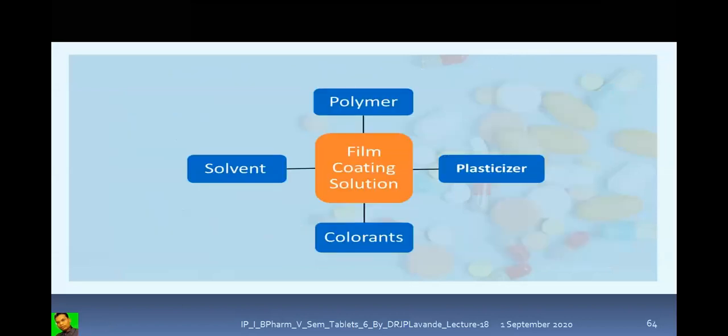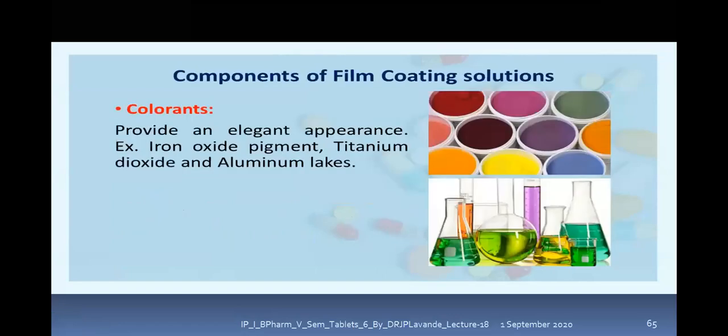The color is there to make the tablet look elegant, and the solvent might be aqueous or organic volatile. These are the components of the film coating solution. The third component is the colorants.